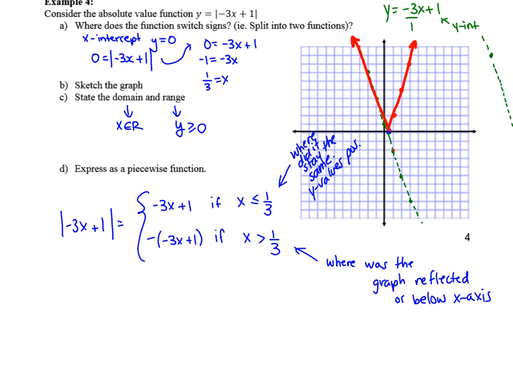So I'd like you to sketch it and write the piecewise of it. So start by sketching before absolute value, little mx plus b, and then write the piecewise.